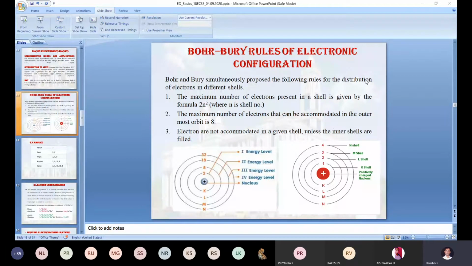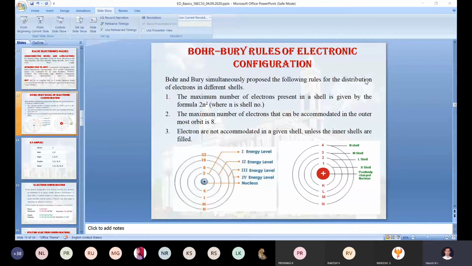In some atoms there are only a few electrons, less than 8. Let us take germanium as well as silicon. How many electrons are present in the outermost shell or valence shell? Four electrons. You can take silicon or germanium; the outermost shell consists of 4 electrons.